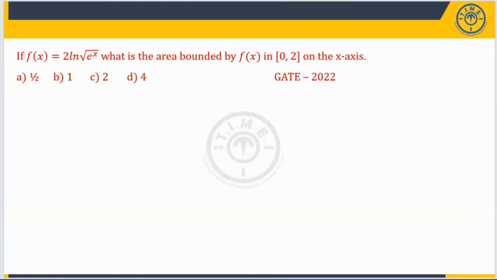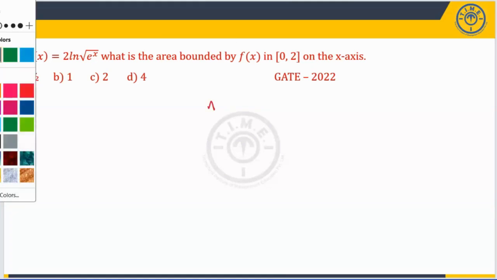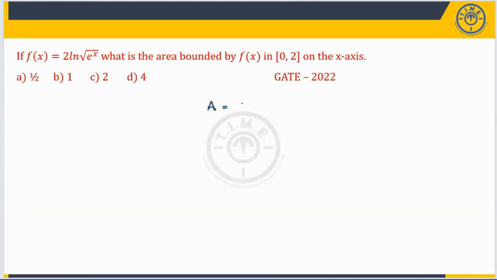So one thing we know, the area bounded is given by integral from a to b f of x dx. So that means integral from 0 to 2. What is f of x? That is 2 log root over e power x. Can I write it as e to the power x to the power 1 by 2?